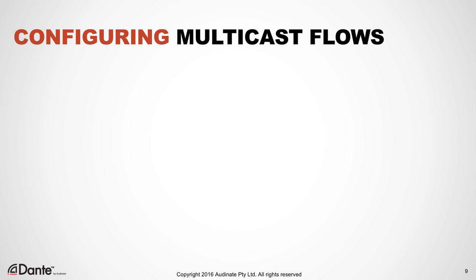In Dante, multicast is invoked manually at the transmitter. No adjustments to receivers or subscriptions are necessary at all. If you receive a fan-out warning or simply wish to configure a set of channels for multicast in order to distribute them to multiple receivers, then it can be a good idea.